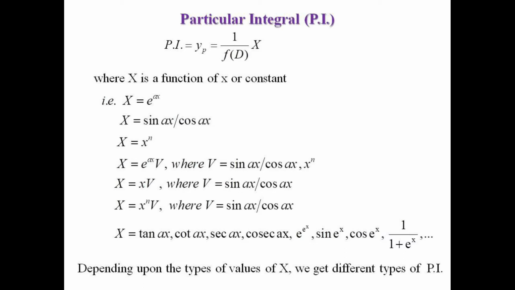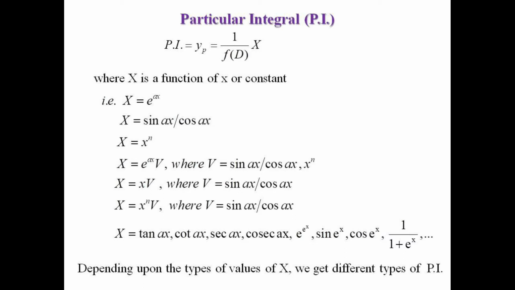The last type of value of capital X is tan of ax, cot of ax, sec of ax, cosec of ax, x raised to e raised to x, sine of e raised to x, cos of e raised to x, or 1 upon 1 plus e raised to x, and other values.